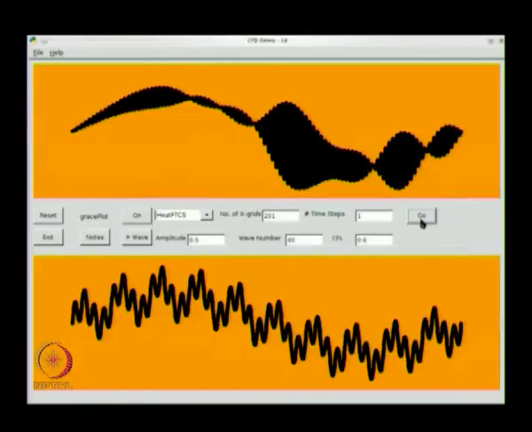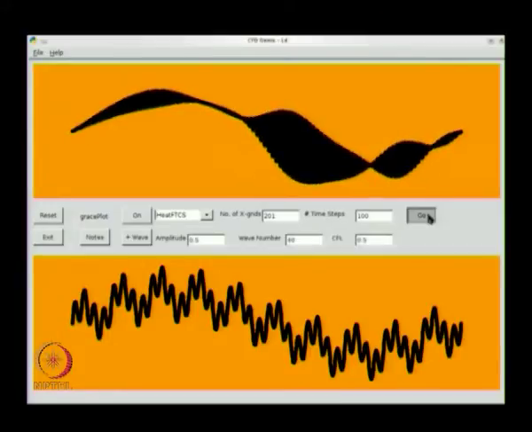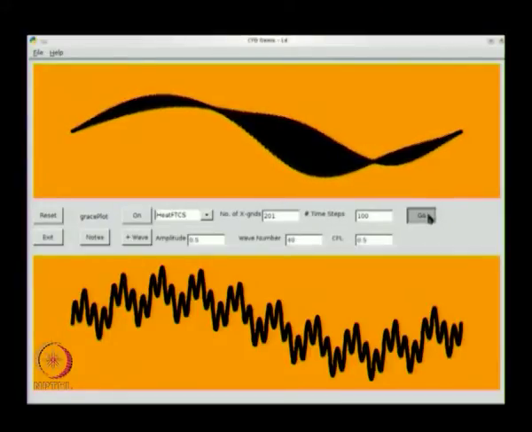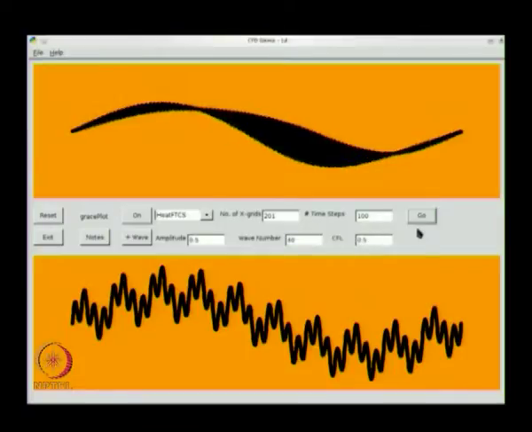Your mind starts playing tricks on you. So go back to 0.5 and the behavior is about the same. I will take 100 time steps and yes, there seems to be some kind of strange propagation. So here we go.